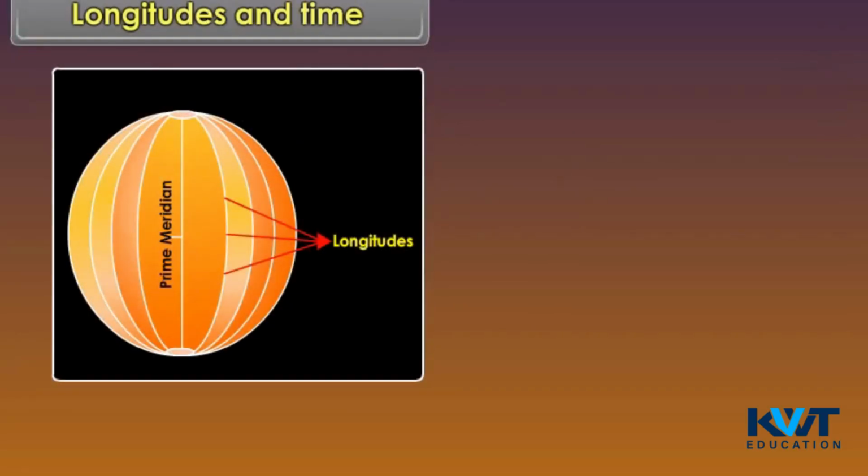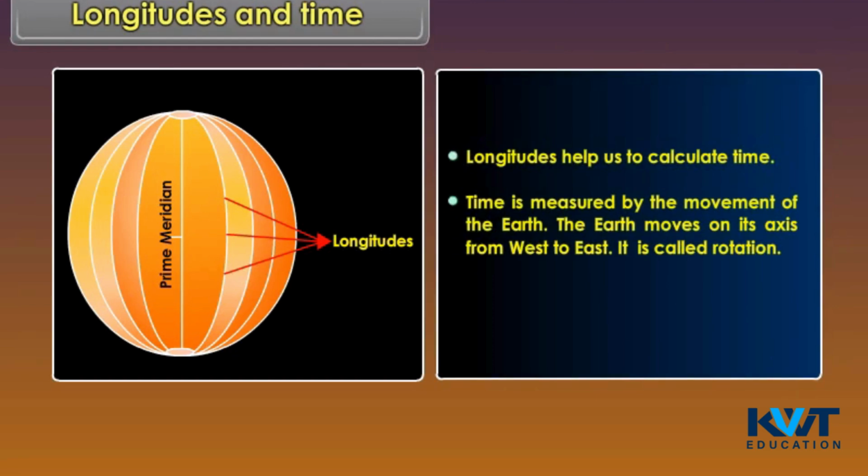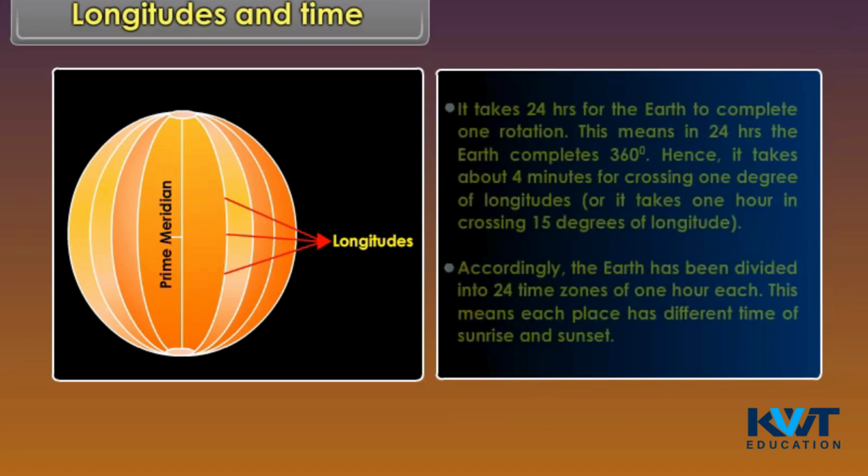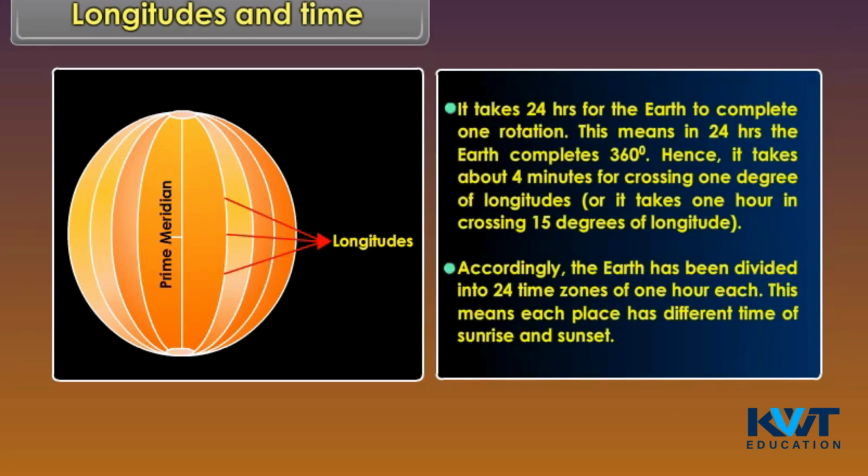Longitudes and time. Longitudes help us to calculate time. Time is measured by the movement of the earth. The earth moves on its axis from west to east. It is called rotation. It takes 24 hours for the earth to complete one rotation.